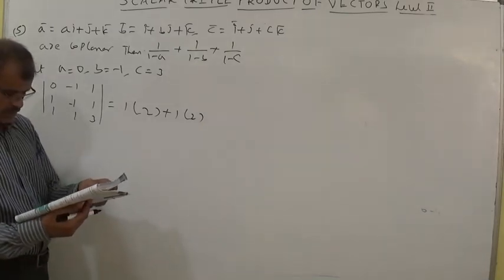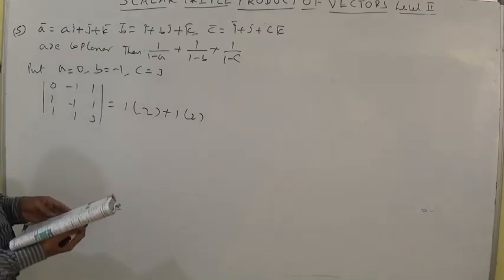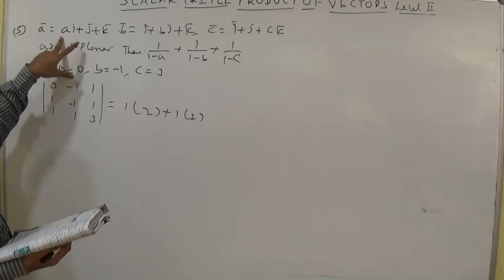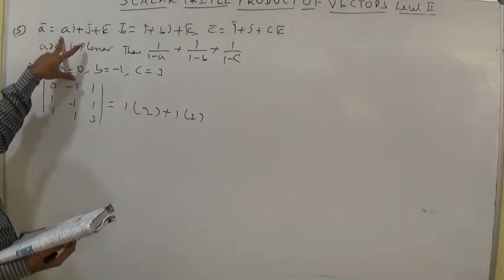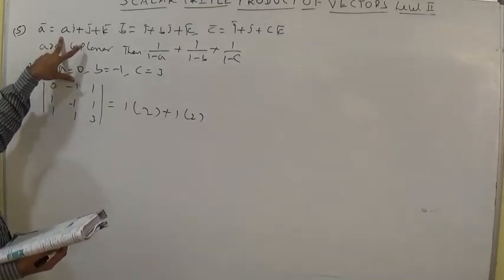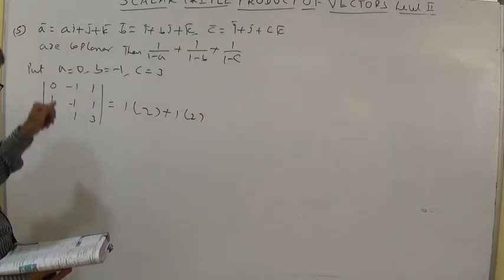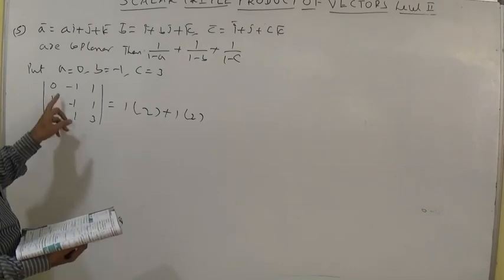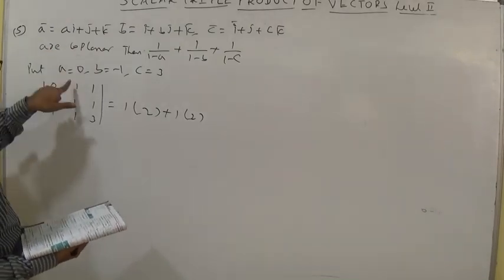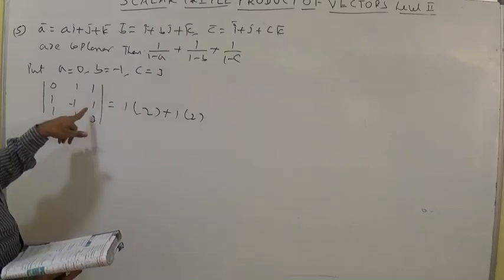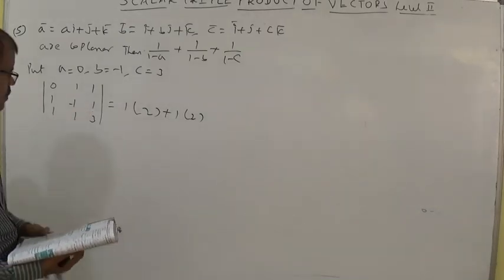A is equal to 0, B is equal to minus 1. Whenever you take ai plus j plus k, i plus bj plus k and i plus j plus ck, A, B, C are not equal to 1, that is why I took separate numbers.